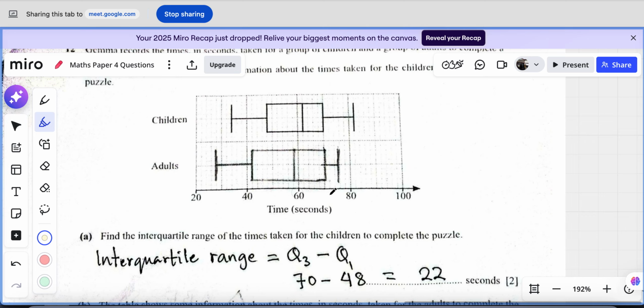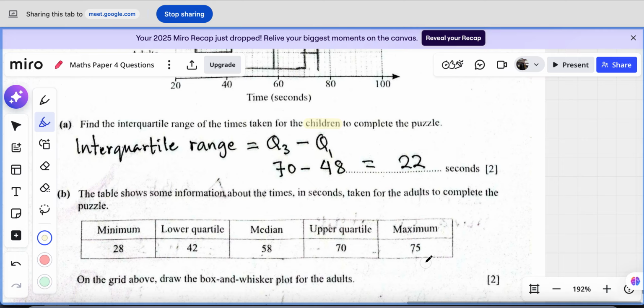Because here is 60, here is 80, so this halfway is 70. And then the lower quartile for children, you read it down. What value? 48, the mark before 50. So the interquartile range is 70 minus 48, you get 22. You get 2 marks if you're able to do that.